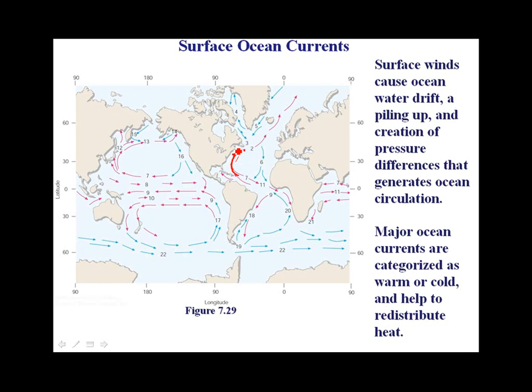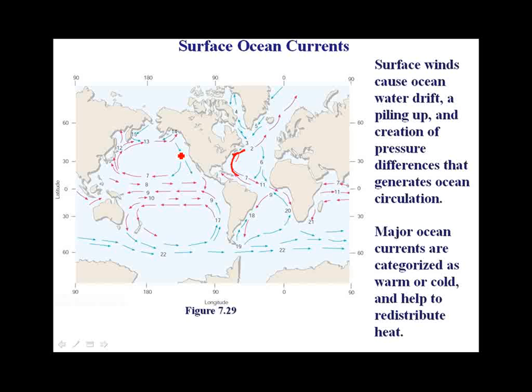We also have currents that go from south to north, north to south, and actually notice the rotation of this set of waters. The blue indicating cold ocean currents, the red indicating warm ocean currents. And notice that we have a clockwise flow of this ocean current.